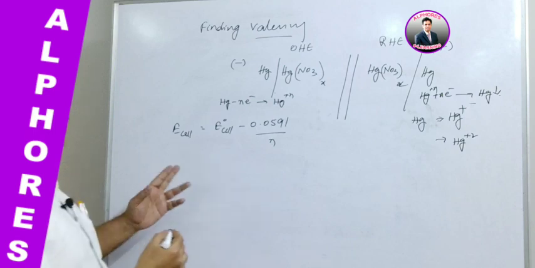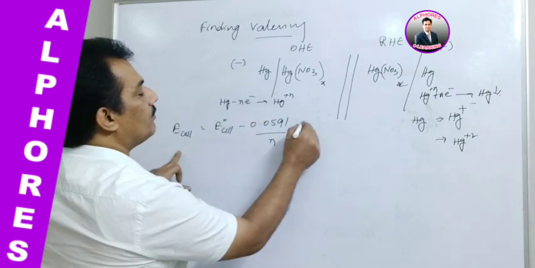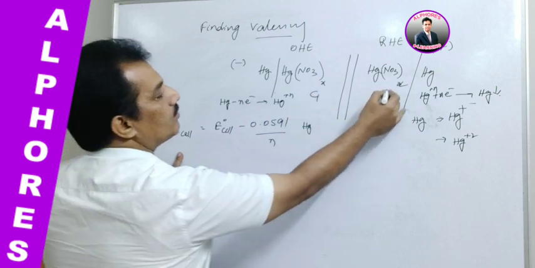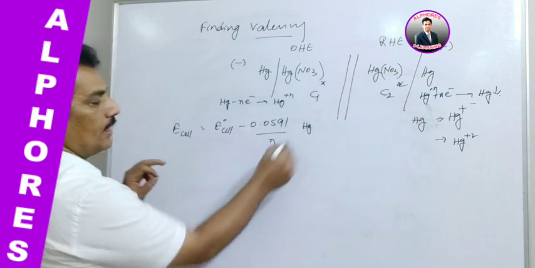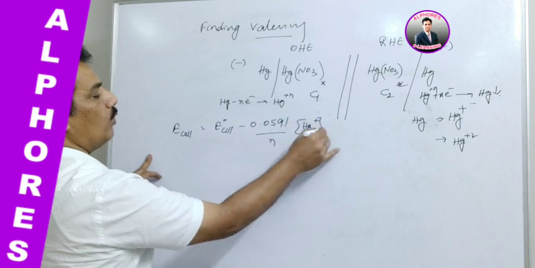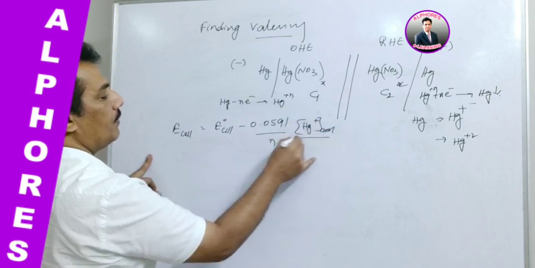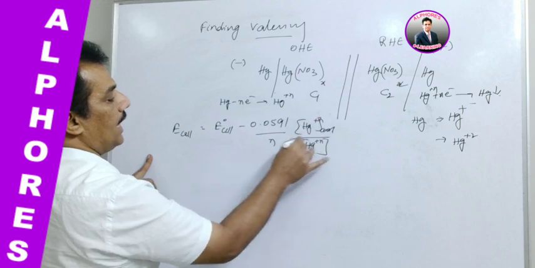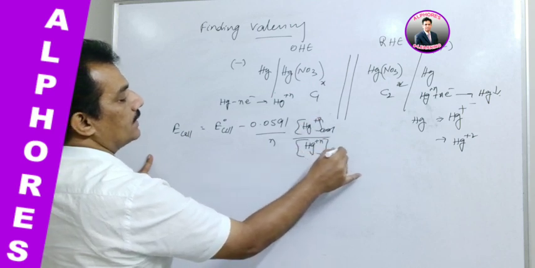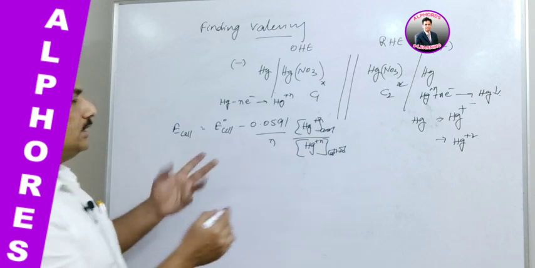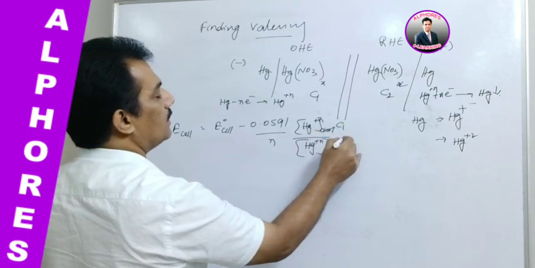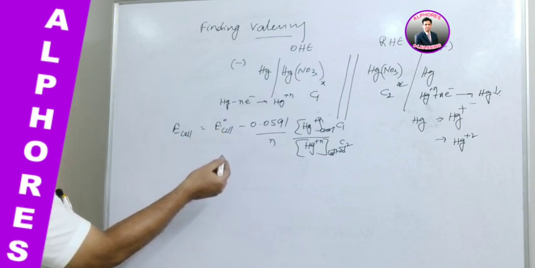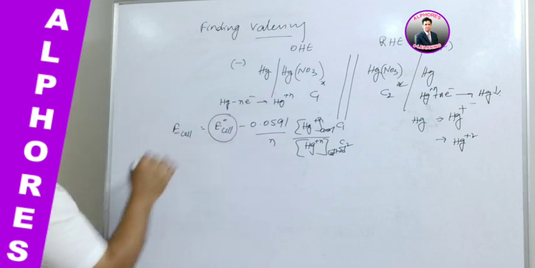Is it not? And now the concentration of Hg^n+ at the anode is C1, for example, and at the cathode it is C2. Hg^n+ at the anode by Hg^n+ at the cathode is nothing but C1 by C2. Then already we know it is a concentration cell, and hence E naught cell is 0.